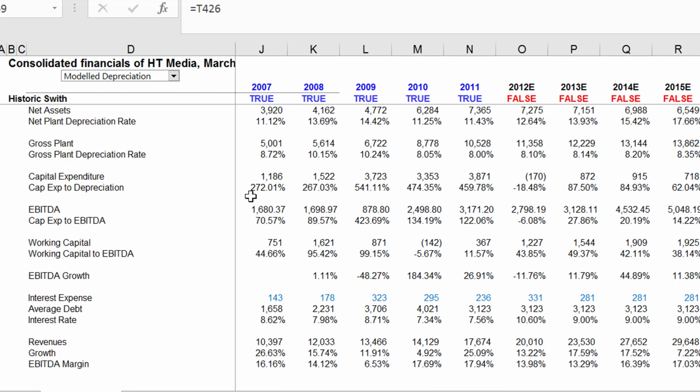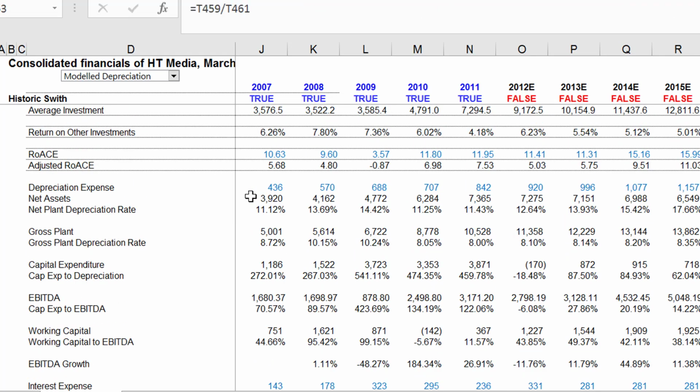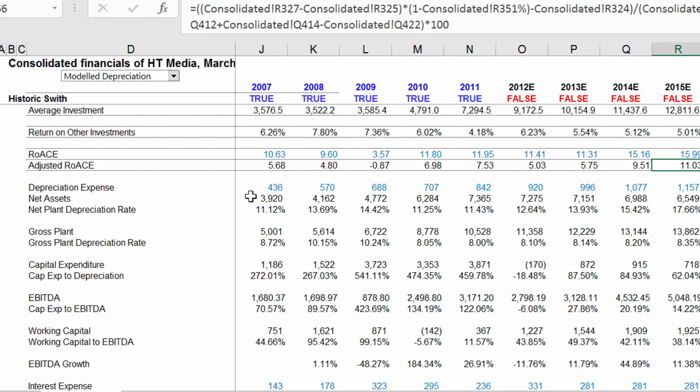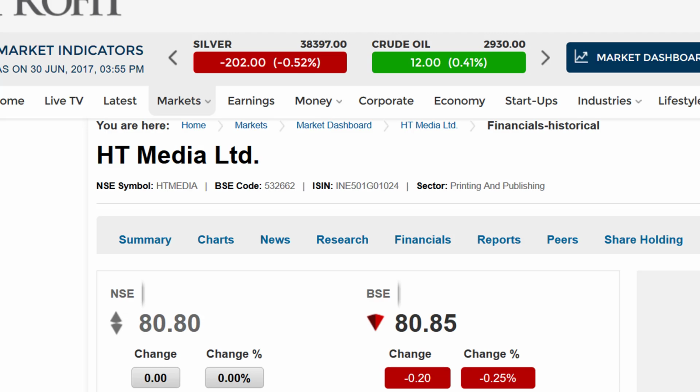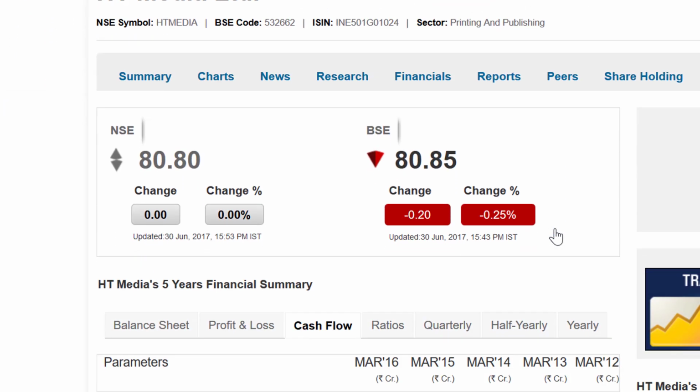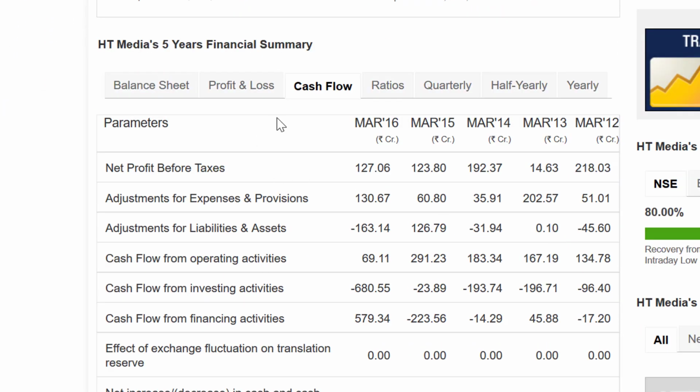Let's just look at a couple of things. Here was our EBITDA. Our EBITDA was supposed to be, in 2016 and 17, 5,000 or 6,000. And I went to some website, and the actual, I've got cash flow. Let's put it on profit and loss.